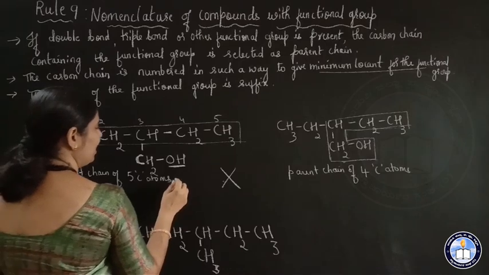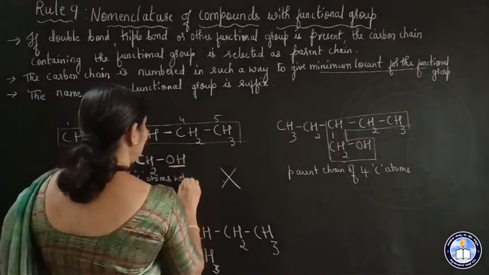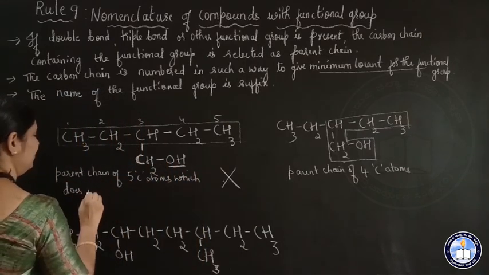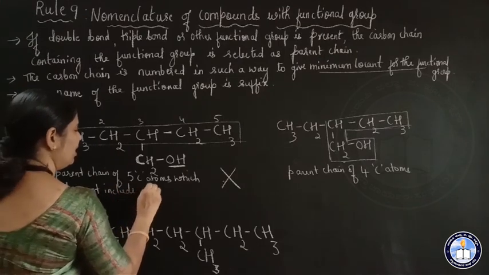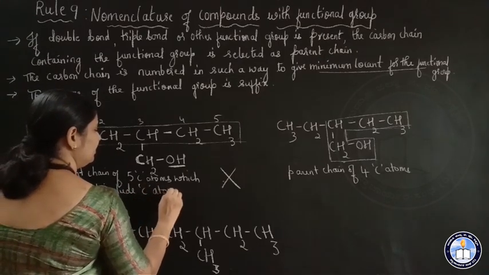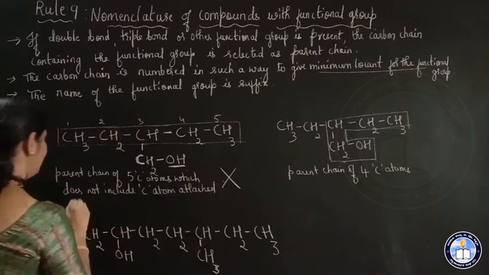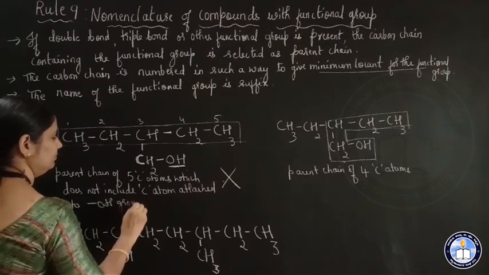Parent chain of 5 carbon atoms does not include the carbon atom attached to the OH group.